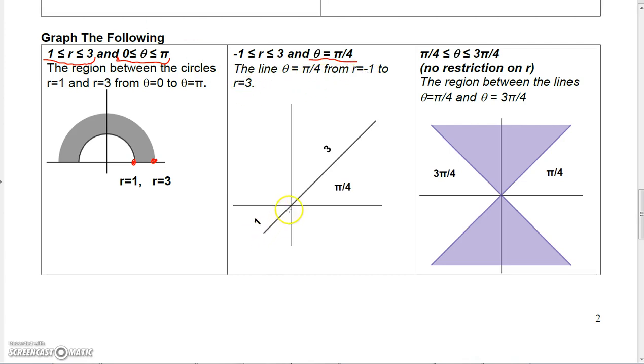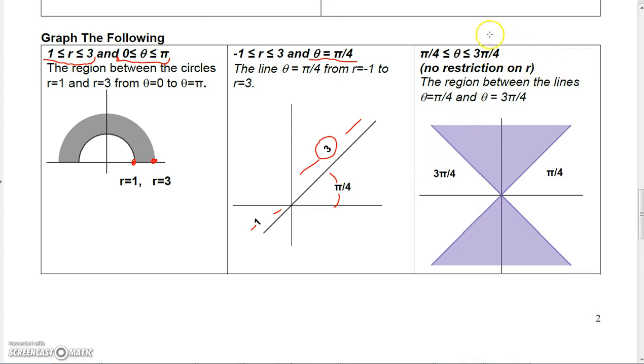That would put me 1 unit in this direction, since r is -1, it would be this direction. And then r equal +3 would send me out here 3 units. So the distance from here to here would be 3, and the distance from here to here would be 1. But notice it extends in the negative direction for r. And of course the angle is pi over 4. So that's one way to get a line segment.